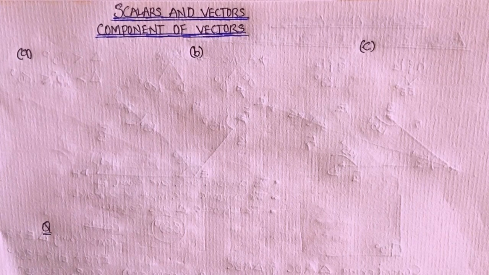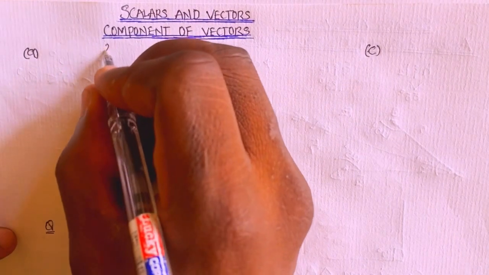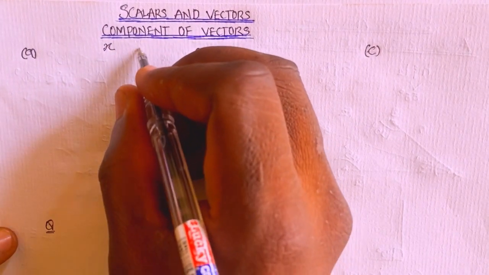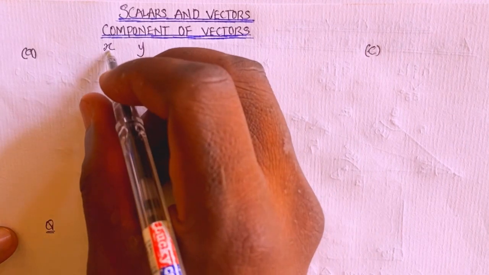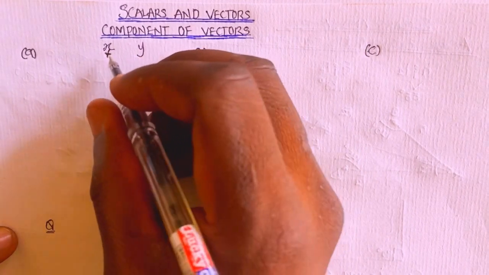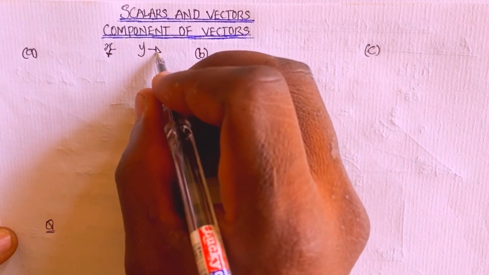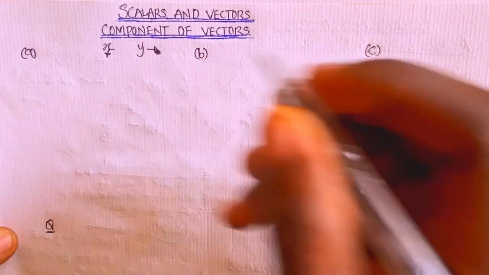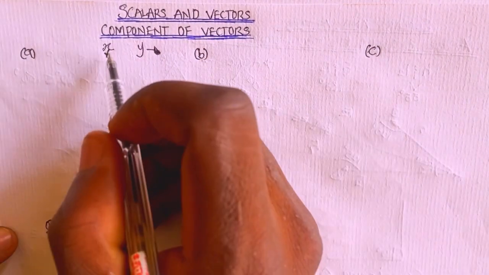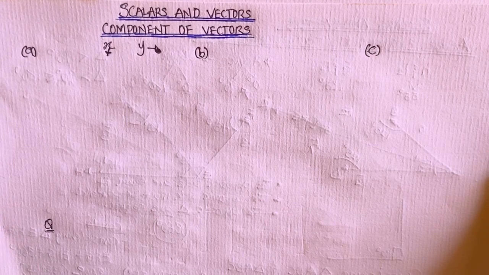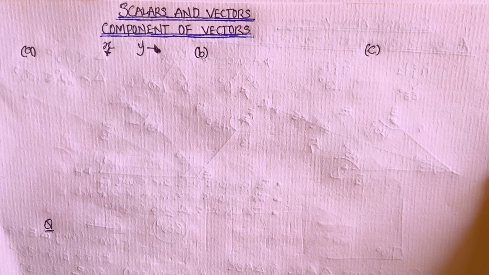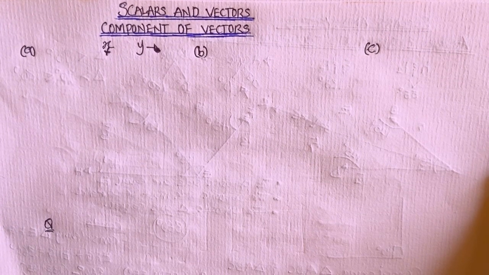The components of a vector are represented as both x and y. The x-axis represents the x component, while the y-axis represents the y component. The x component is also called the horizontal component, while the y is called the vertical component.